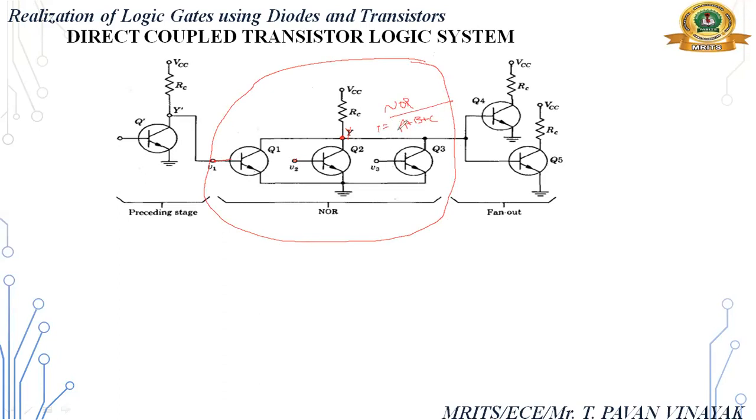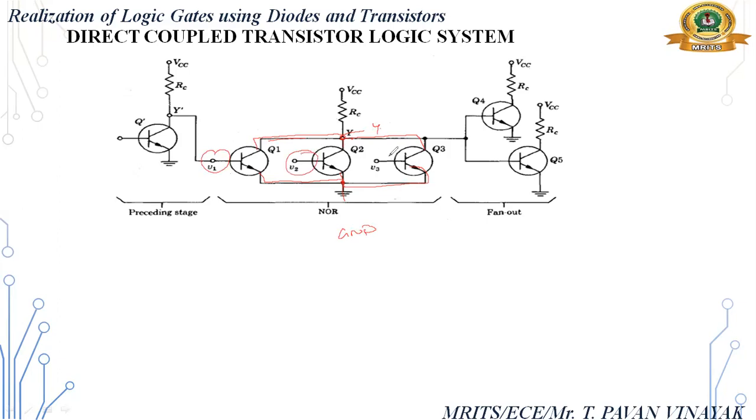Y is equal to (A+B+C)'. Observe here: all emitters are coupled and given to ground, right? And all collectors are coupled and taken as output. And the base of each transistor is an input, right?